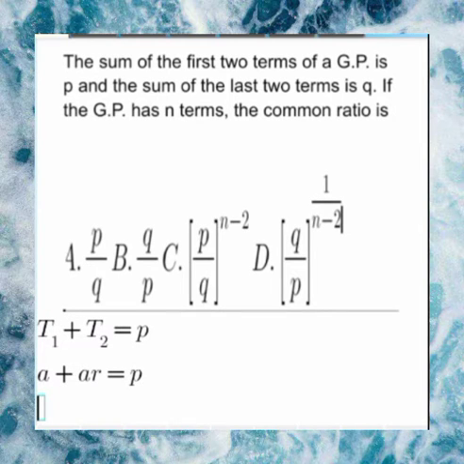Now it will interest you to note that Tn is going to be the last term. If Tn is the last term, then the second to the last term is going to be Tn minus 1.